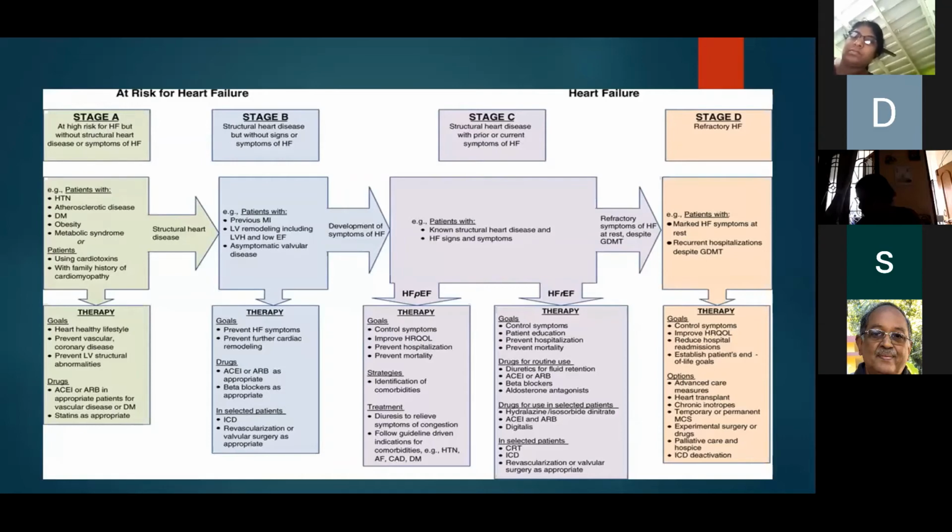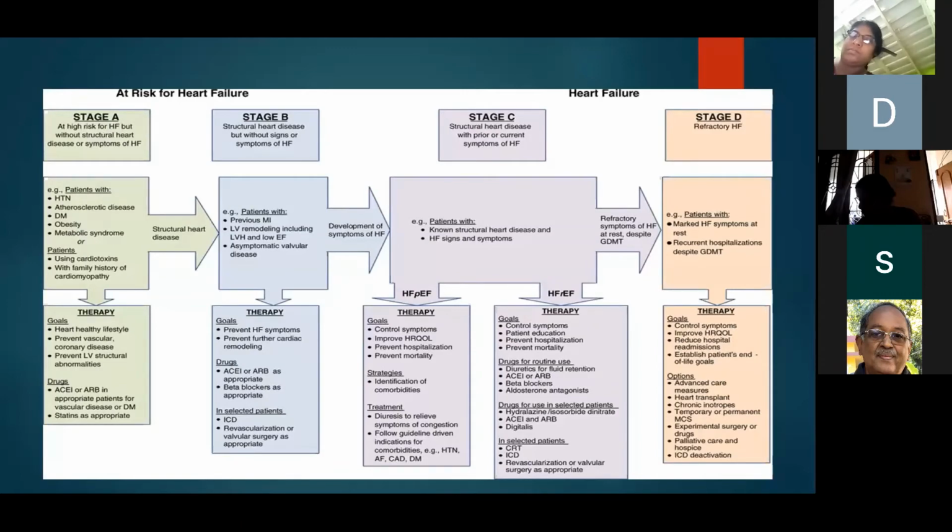Okay, so what are the options that are available for stage D patients? Advanced care measures, heart transplant maybe is available. I mean, it can be made available, not easy. Chronic inotropes, that means people are on continuous infusions with dopamine, dobutamine, or milrinone and those kinds of medications.